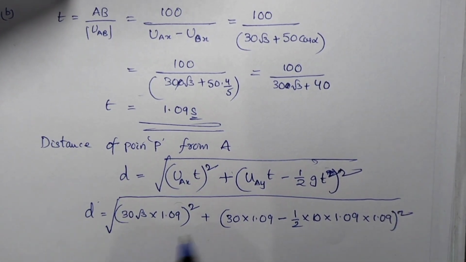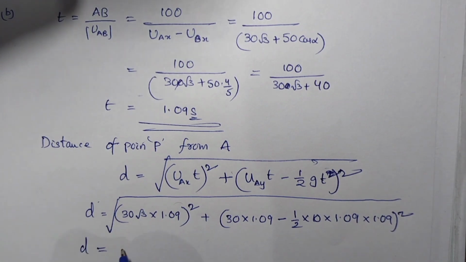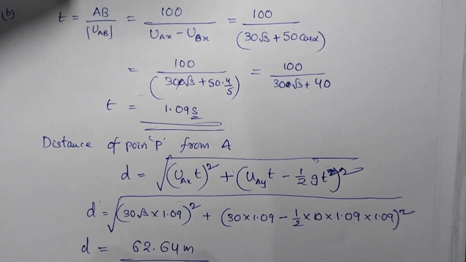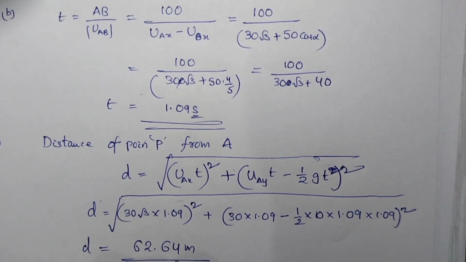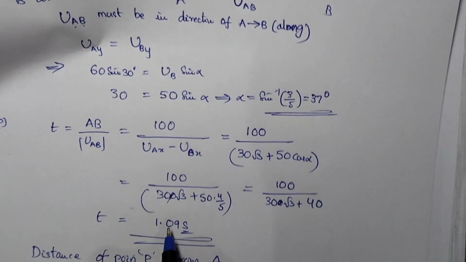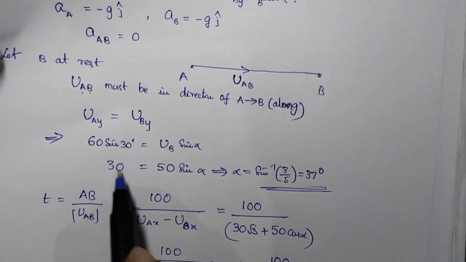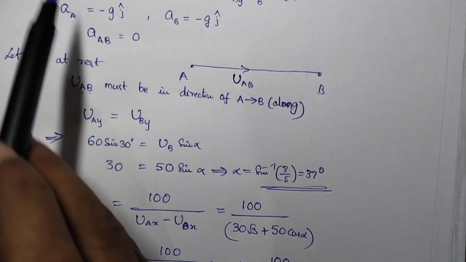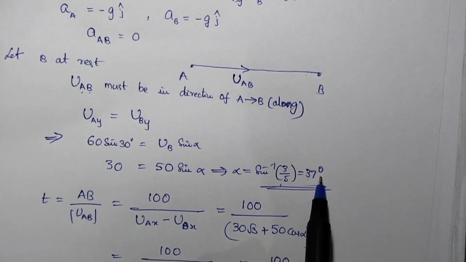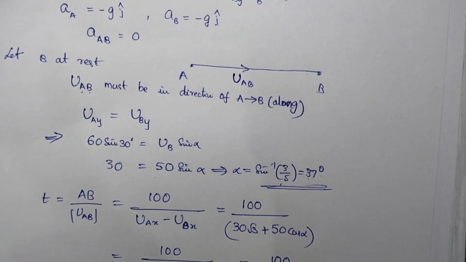If you simplify this, you will get the distance as 62.64 meters. So at this distance they will collide, in a time interval of 1.09 seconds, at an angle of projection of B of 37 degrees. So this is the answer.